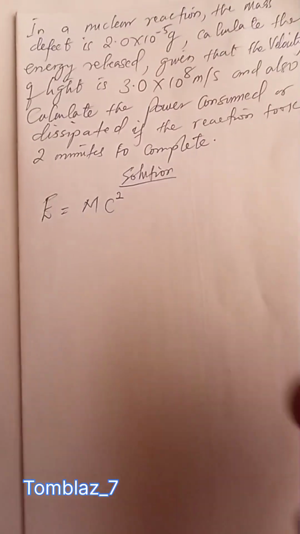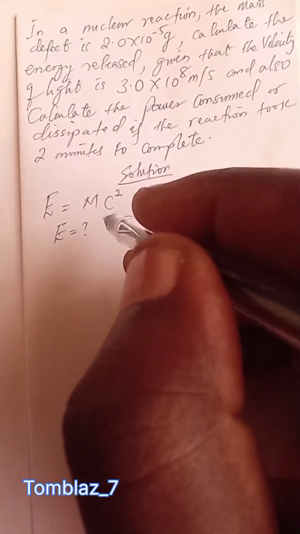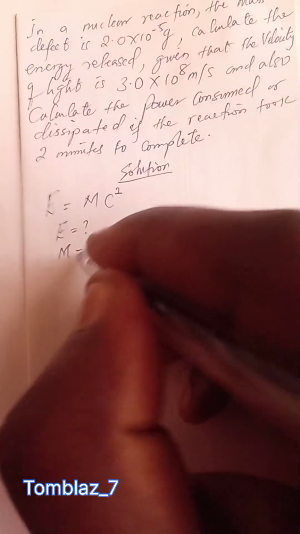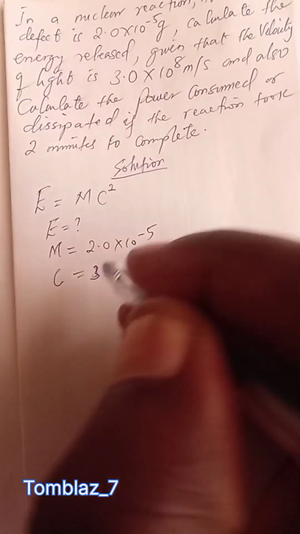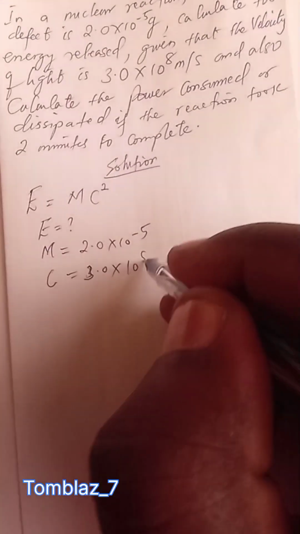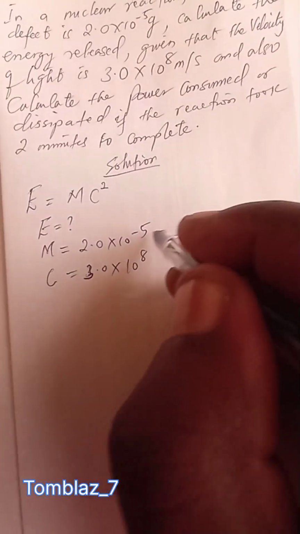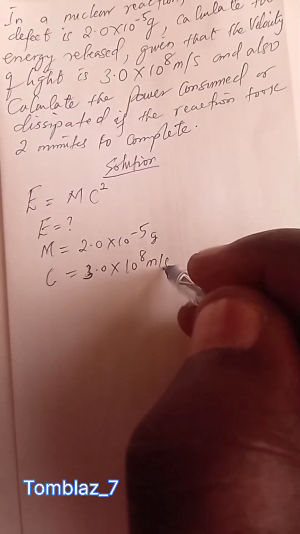So let's bring out the data given. The energy released is question mark. We're going to look for it. The mass defect is 2.0 times 10 raised to power minus 5 grams. The velocity of light is 3.0 times 10 raised to power of 8 meters per second.